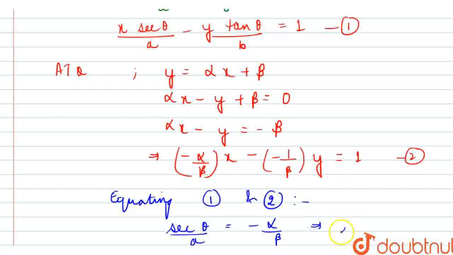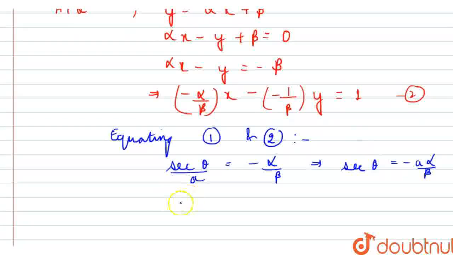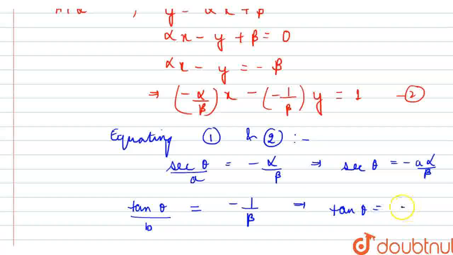So it implies secant theta is equal to minus a alpha upon beta. Similarly, tangent theta upon b is equal to minus 1 upon beta. So it implies tangent of theta is minus b upon beta.